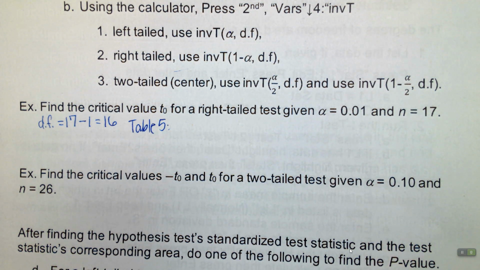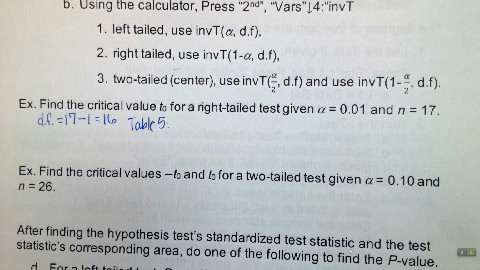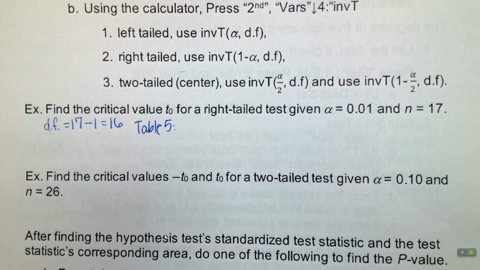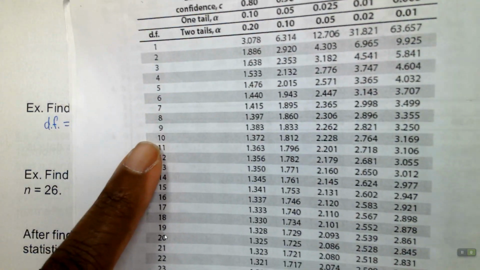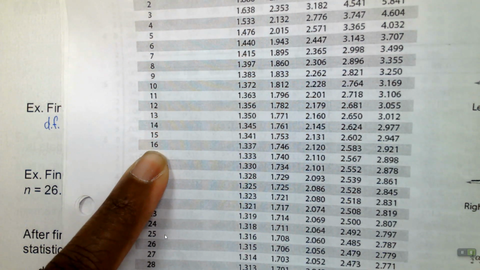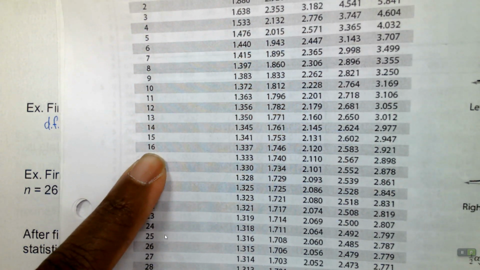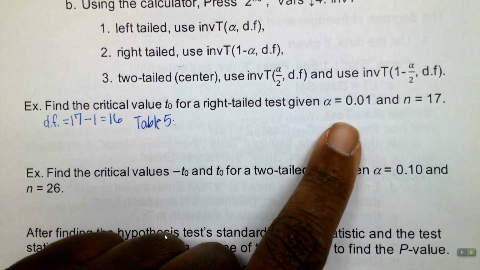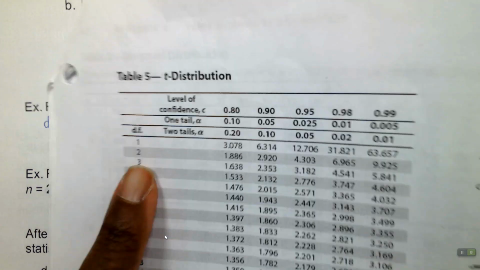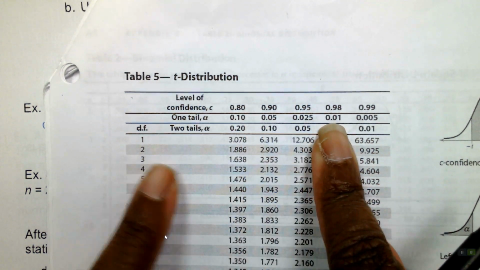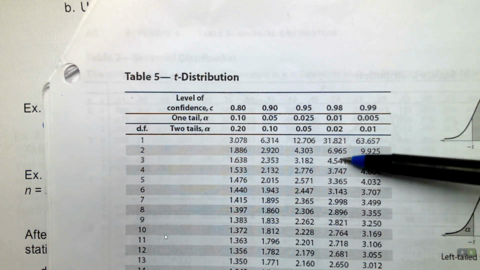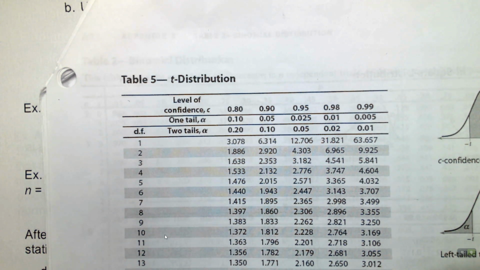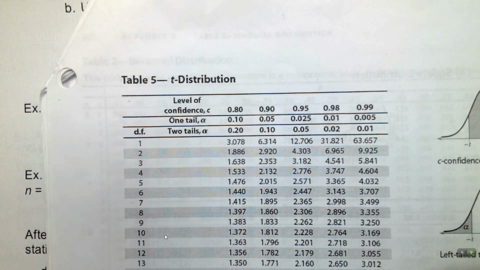Table 5. Get my table out. DF of 16. So I'm on this row. But then my level of significance is 0.01, and it's a 1 tail. So 0.01. Going down to 16, that's 2.583.